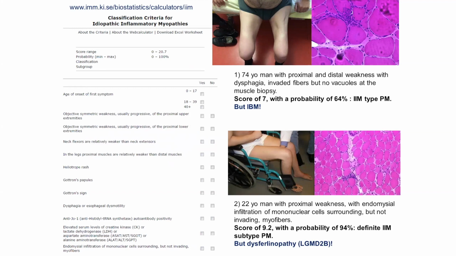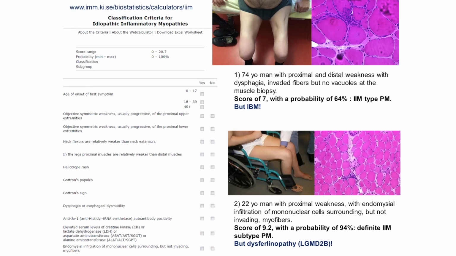And for instance, 2 examples showing the limit of this algorithm. First, the first patient is 74 years old. He had a proximal and a distal weakness with a very easy diagnosis just with the phenotype of inclusion body myositis.